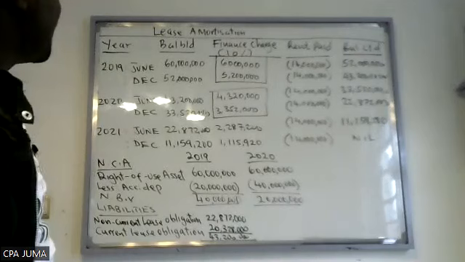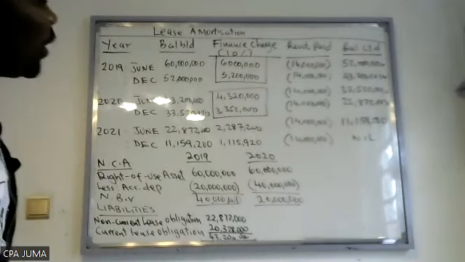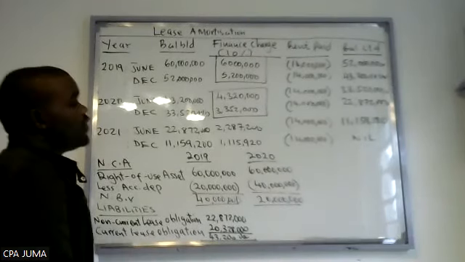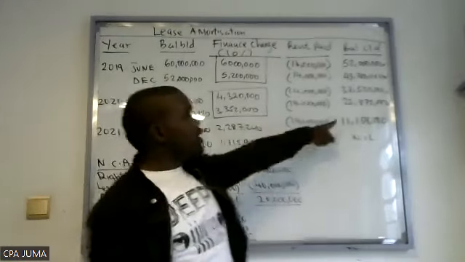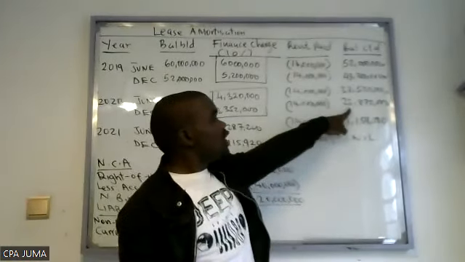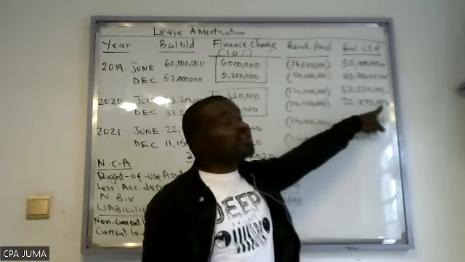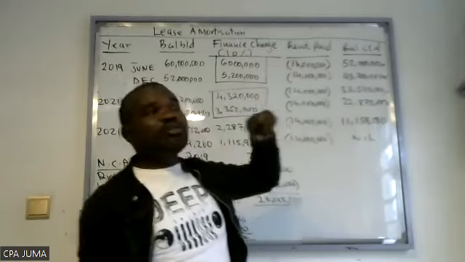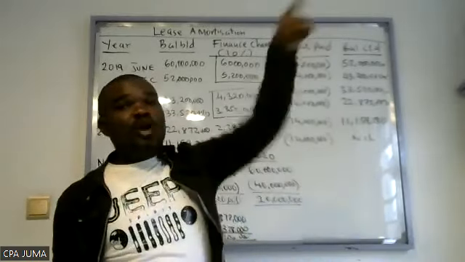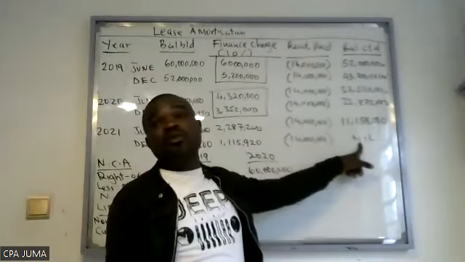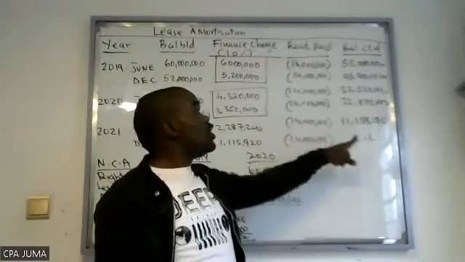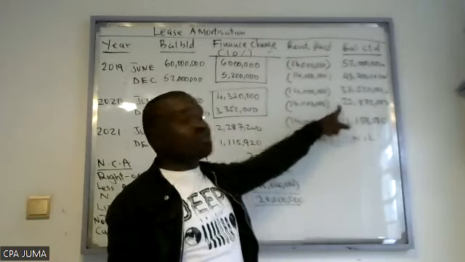Let's go to 2020. In 2020, the total outstanding at the end is 22,872. How much will remain unpaid after 1 year? After 1 year, there is nothing outstanding. So there is no long term in respect to this amount.